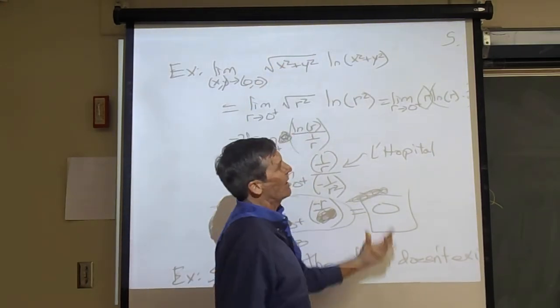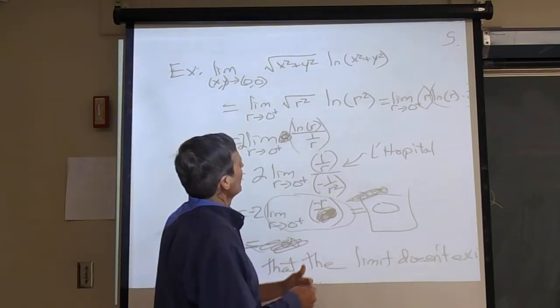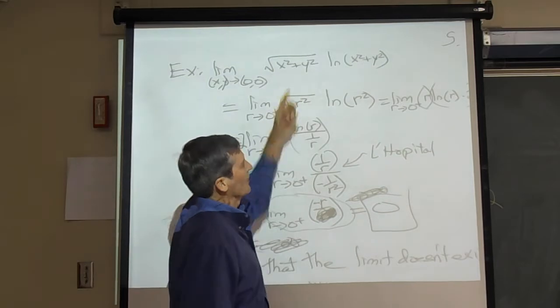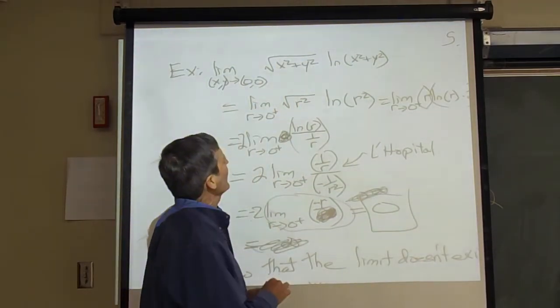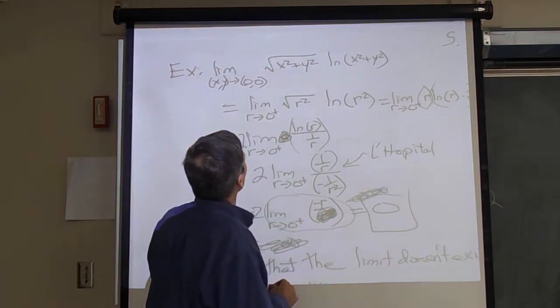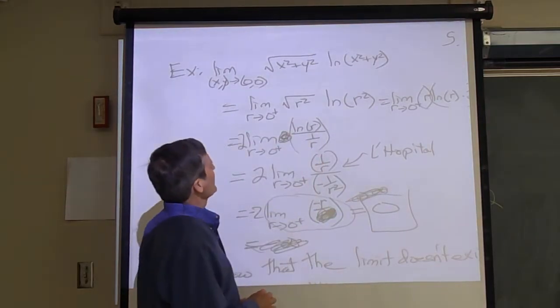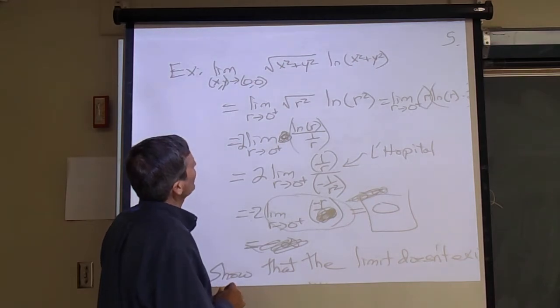It may not be that we can approach from all different directions in the plane and still get the same number, because this is at the boundary of continuity of the square root function. So we're going to have to try something a little more clever here. Also, ln is approaching a point where it's not even defined. So what is this? Maybe the limit is actually infinity or something.